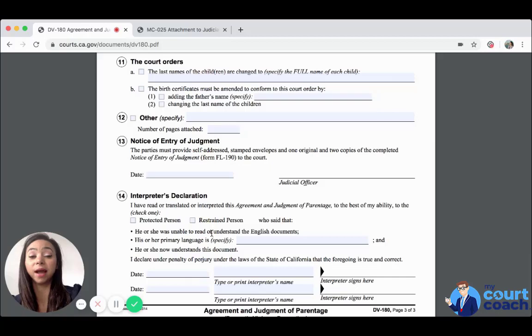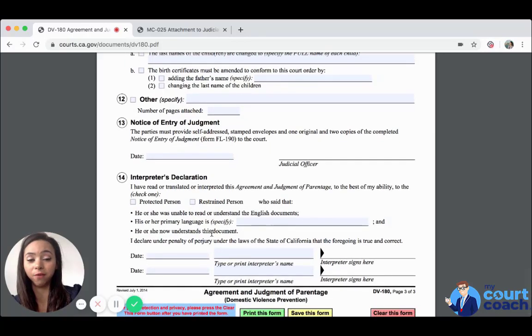And then if you did have an interpreter at the time of you signing this, then that interpreter also has to sign this. So they have to say if they read or translated or interpreted this agreement and judgment of parentage to the best of their ability, to either the protected person or the restrained person, who said that he or she was unable to read or understand the English documents.